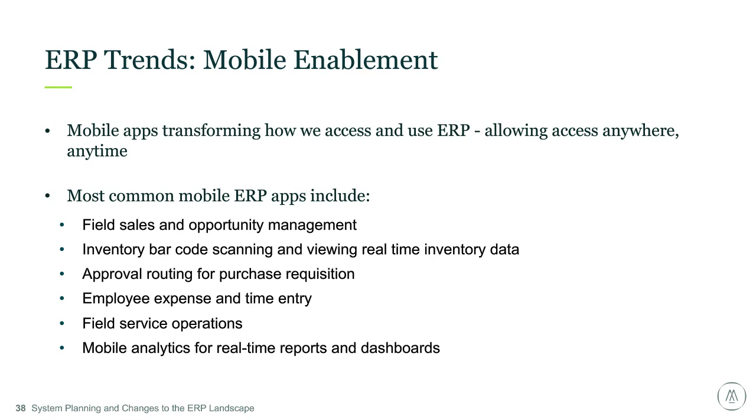We see inventory barcode scanning and real-time visibility to inventory status. Approval routing for purchase requisitions is now very common on most ERP apps. So a user can now enter purchase requests on their smartphone and route it to their manager, who can approve in real time on his or her smartphone.